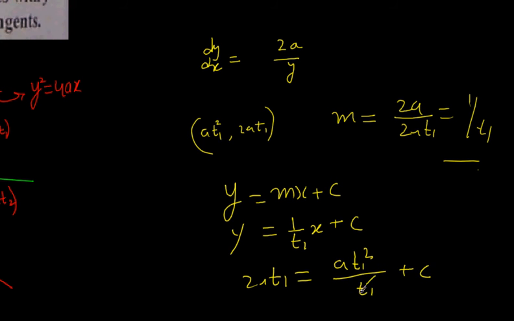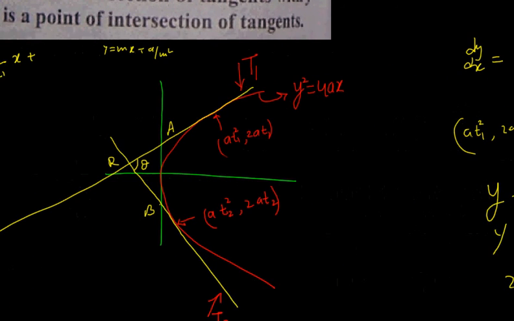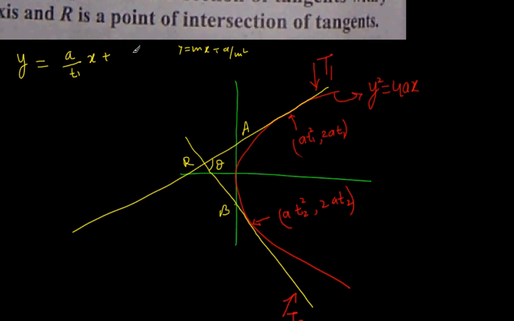This will get cancelled. 2at1 minus at1 means c will be equal to at1, so y is equal to x by t1 plus at1.